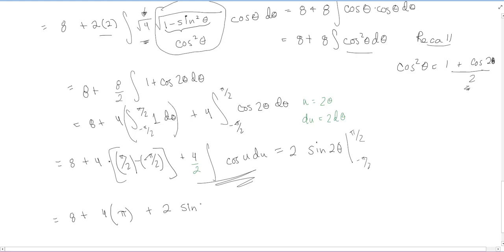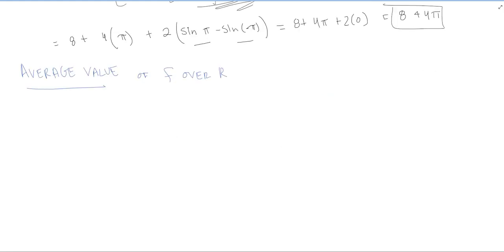So if we plug that in for theta, we just get sine of pi minus sine of negative pi. Okay, so we have 8 plus 4 pi plus 0, because sine of pi and sine of negative pi is both 0, and so 2 times 0. So final answer, 8 plus 4 pi is the area of our region. So we did it. Yay!